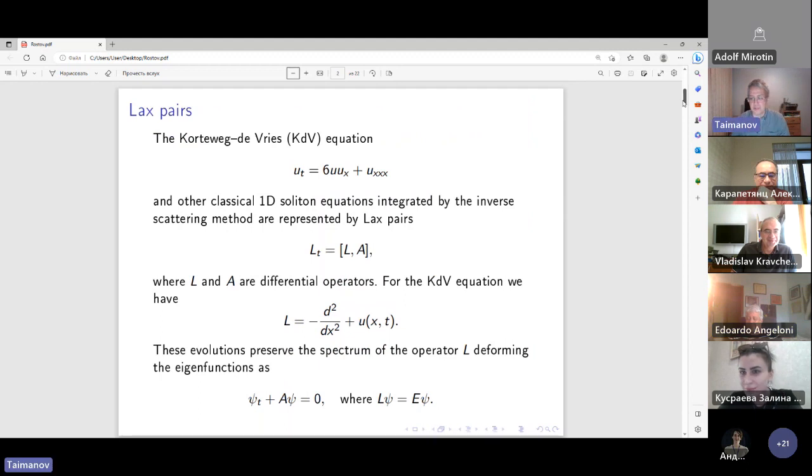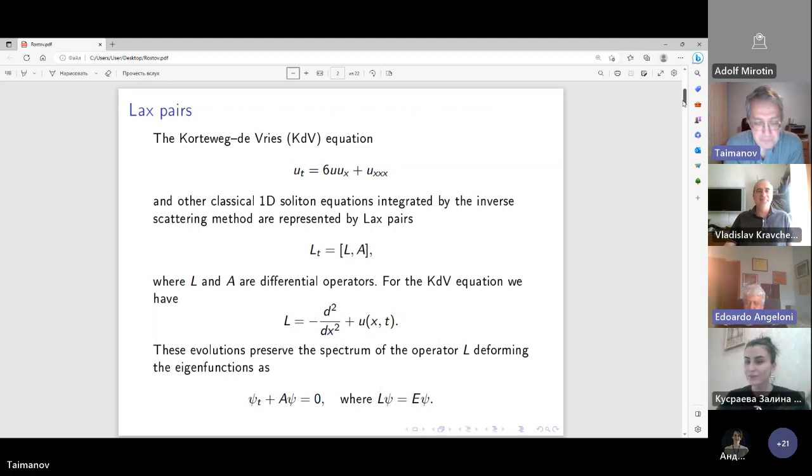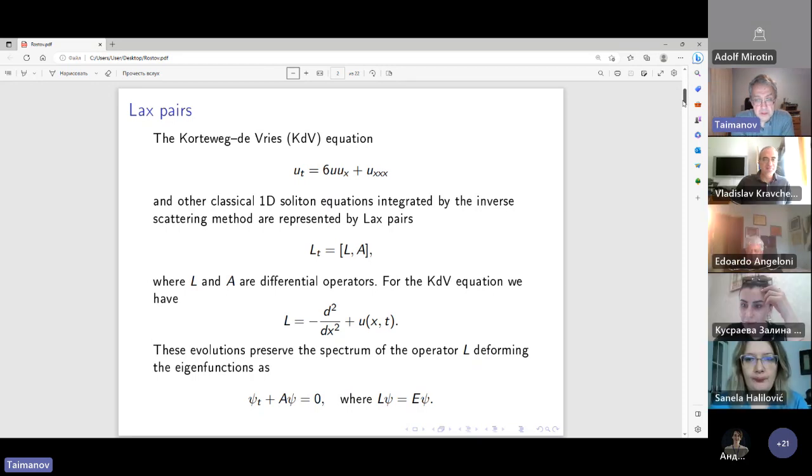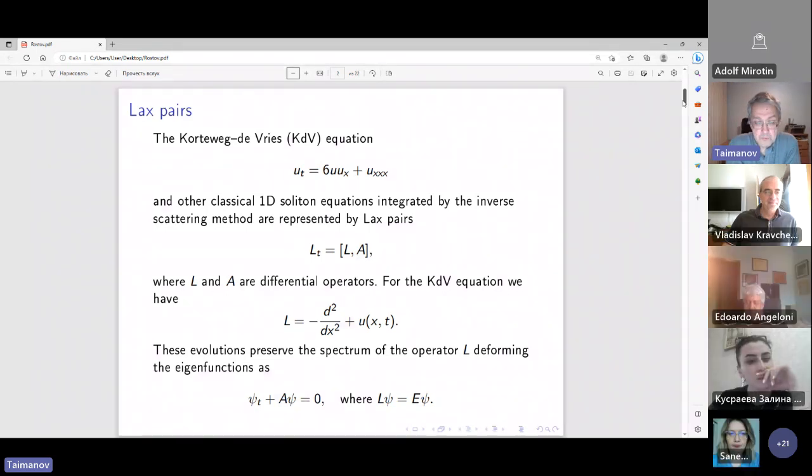I start with the general subject, because before explaining what these LAB triples are, I have to recall the notion of Lax pair, because LAB triples are just the generalization of this notion onto two-dimensional soliton equations.